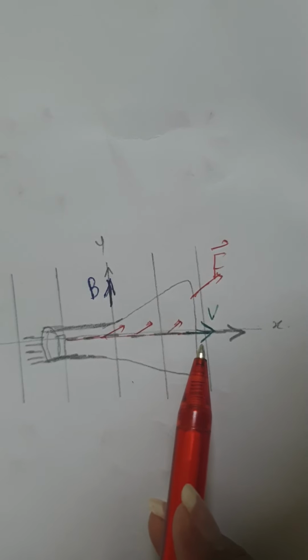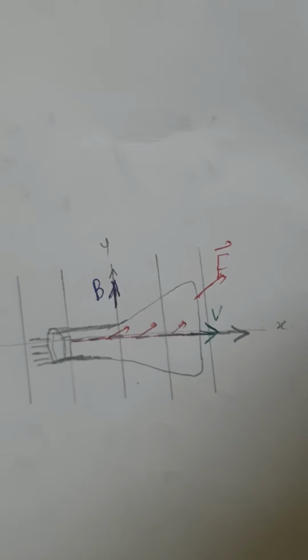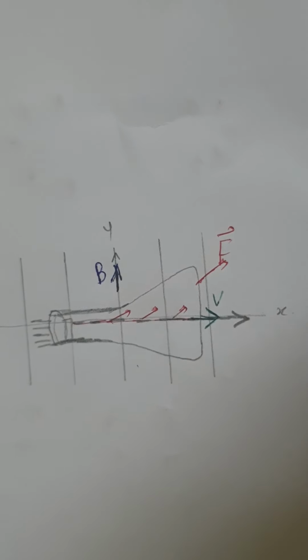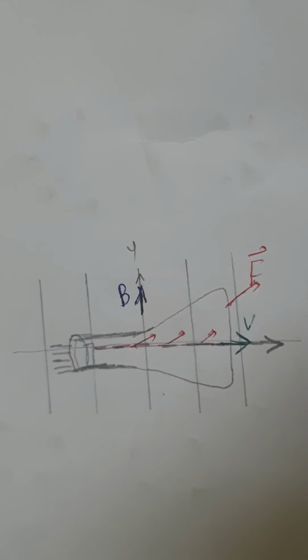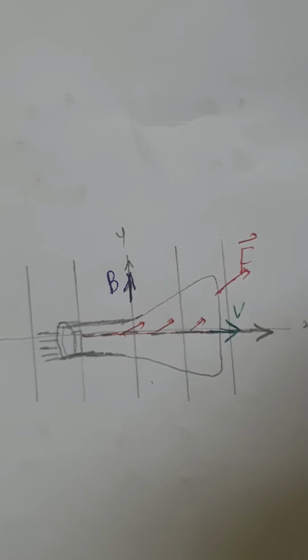The direction and magnitude of the deflection determine the direction of the magnetic field, and the electron has a negative charge. If the electron has a negative charge, then the force is opposite in direction to the force on a positive charge. Must remember this.